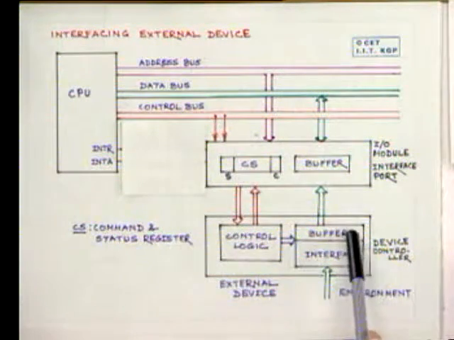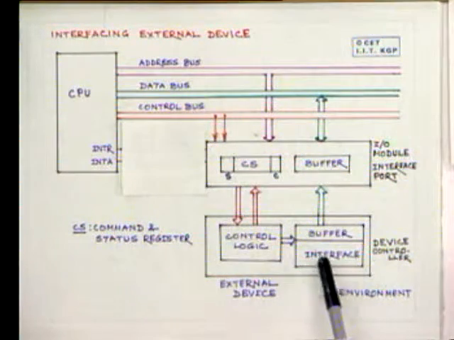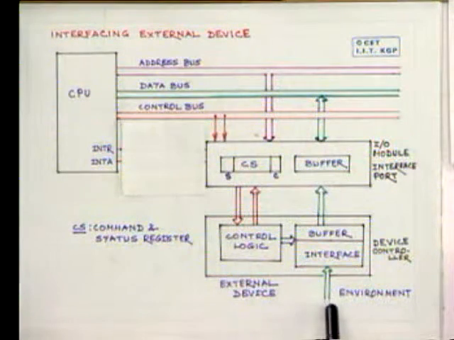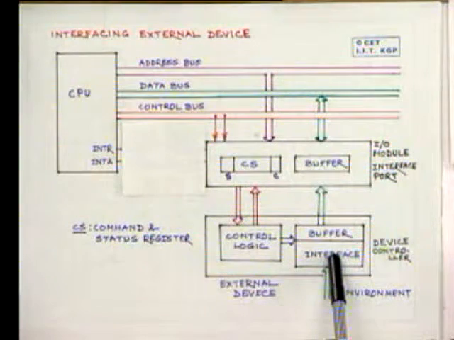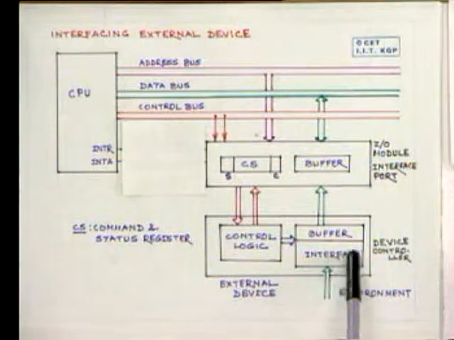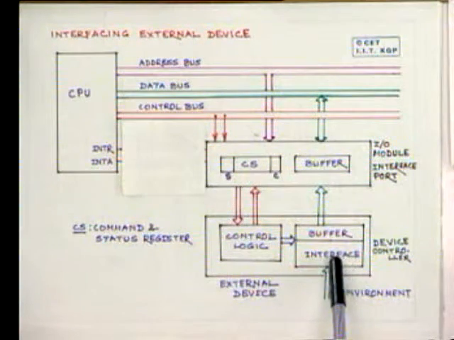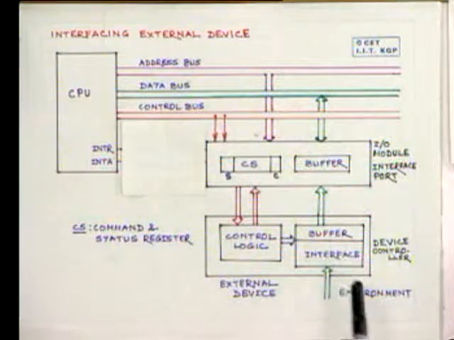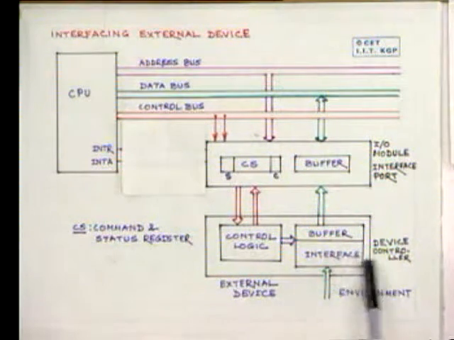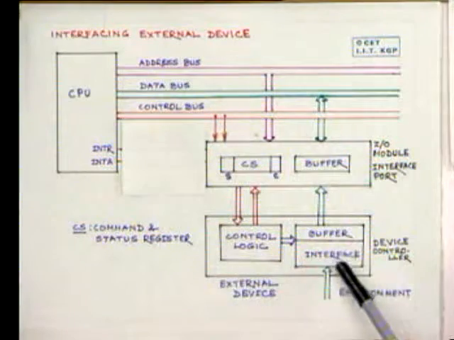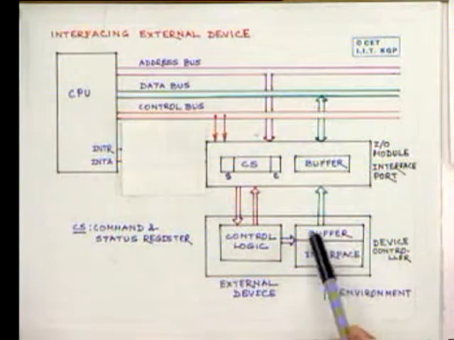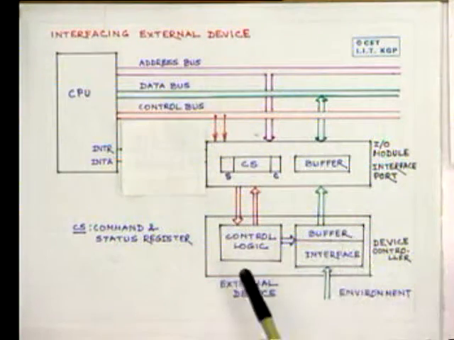It has this buffer where the data can be there, and it has this interface with that environment from where the data will come. That interface possibly will have circuits like analog to digital or digital to analog converter and some such circuits. The data that comes over to here after conversions is assumed to be in that buffer.